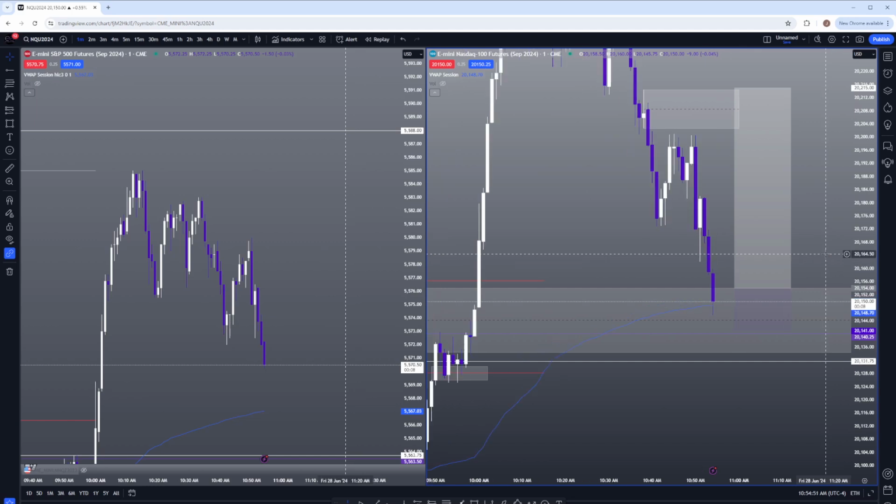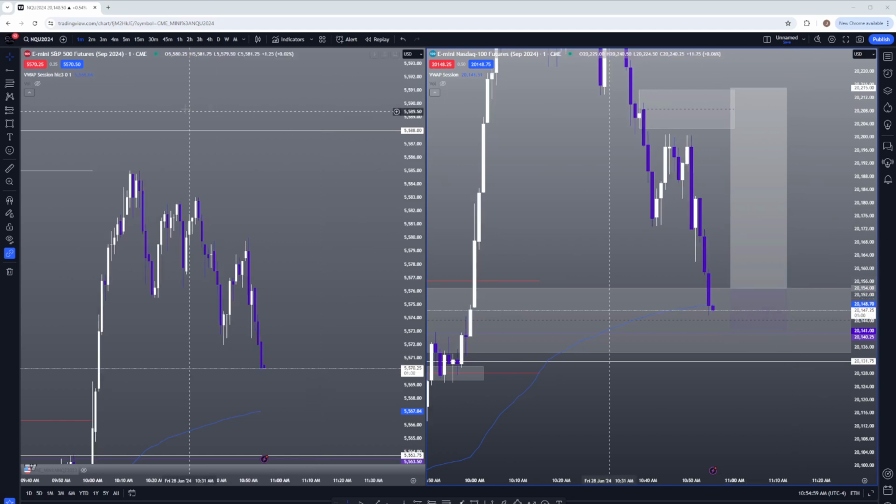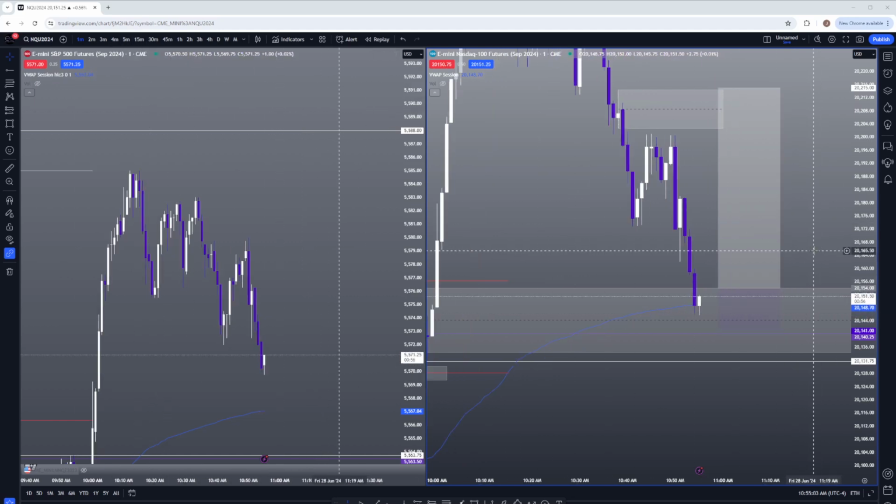Still have a lot of bearish momentum. We're still kind of pushing through. So let's see here. Bouncing off VWAP right now.